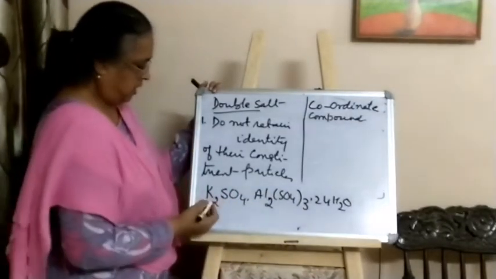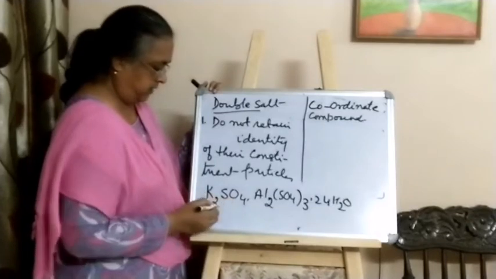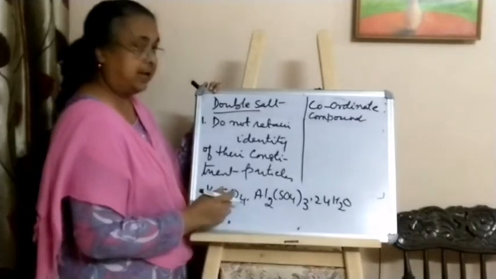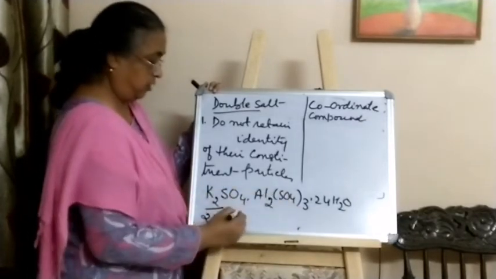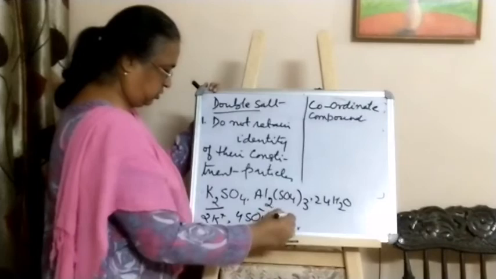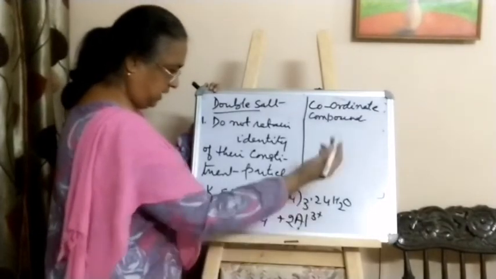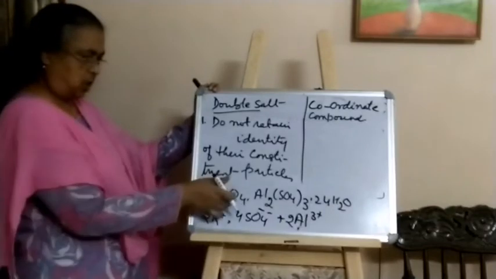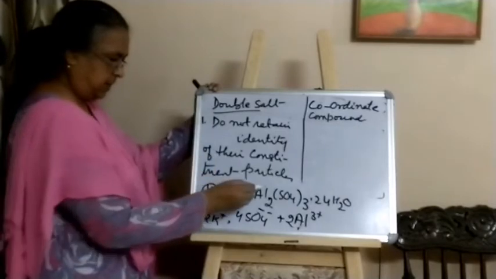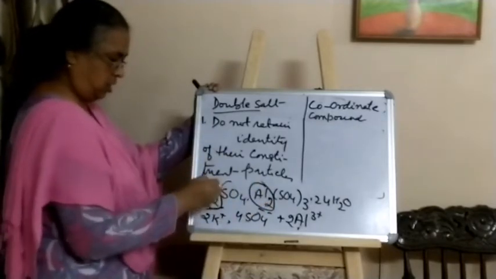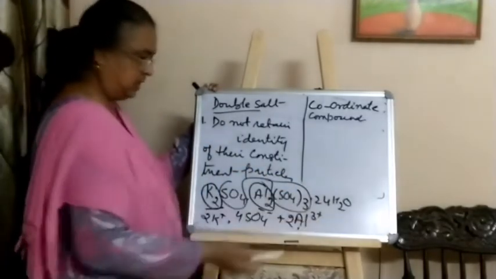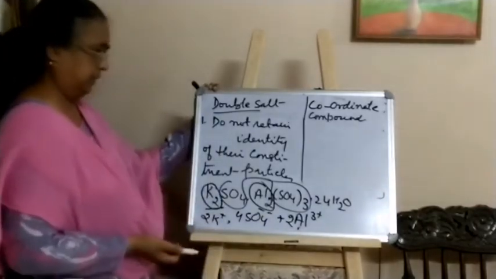Now just see. When this is dissolved in water, we will get 2 potassium ions, and then 3 and 1, 4 sulfate ions, and we will get 2 aluminium ions, and there will be water molecules. So when this salt is dissolved in water, it will give a test for potassium ion, a test for aluminium ion, it will also show a test for sulfate ion, and it can also show a test for water, but that we won't perform because we are already dissolving in water.